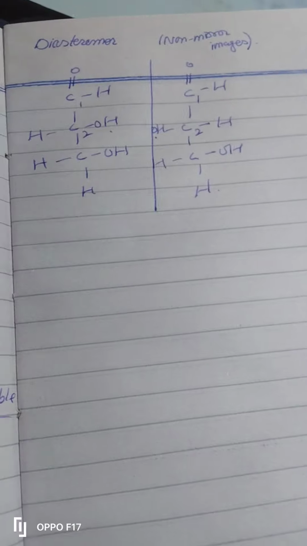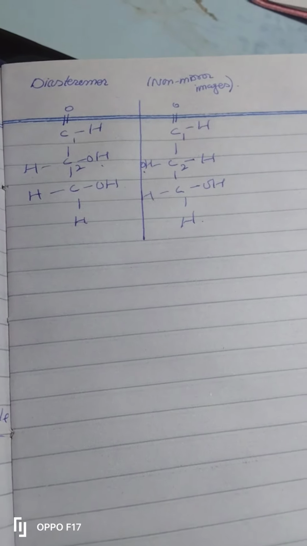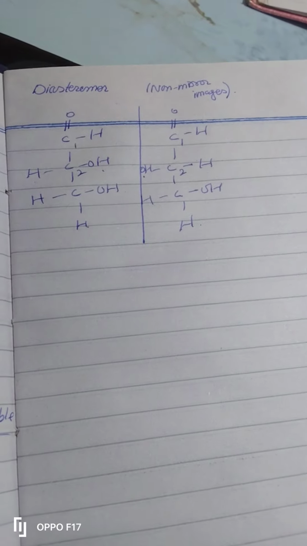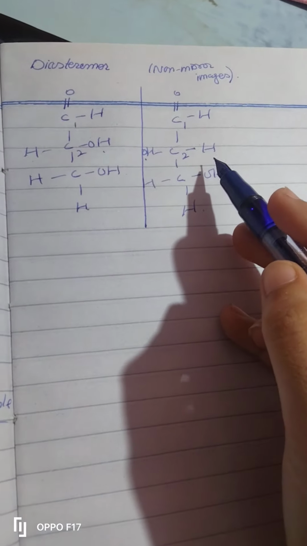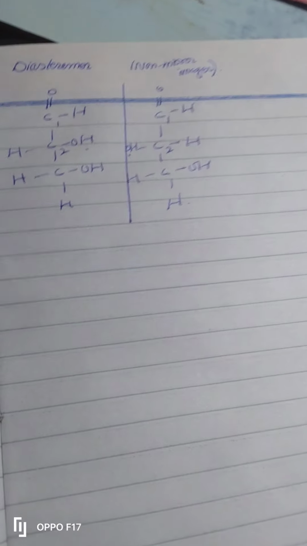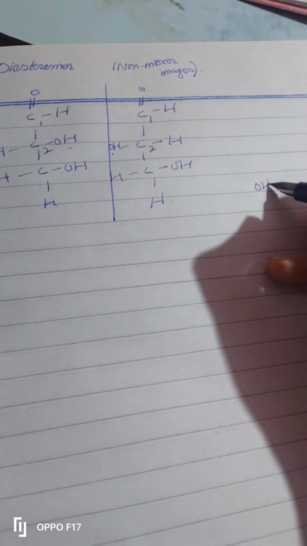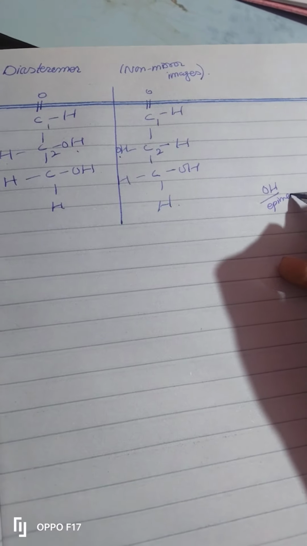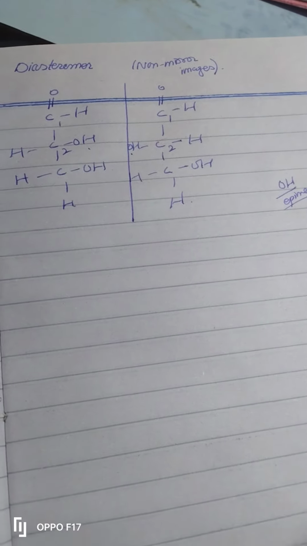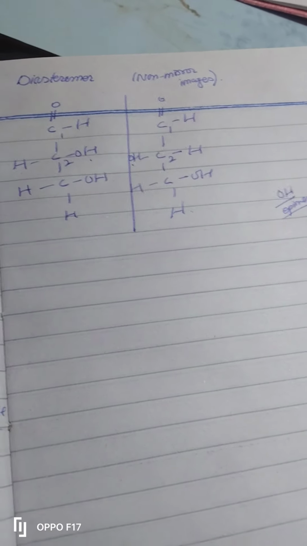Now you will ask, what's the difference between epimers and diastereomers? In epimers we are restricted to only OH. In diastereomers there can be another group of atoms, another molecule, but in epimers we are restricted only to OH. In diastereomers there can be any compound, any group of atoms, any molecule.